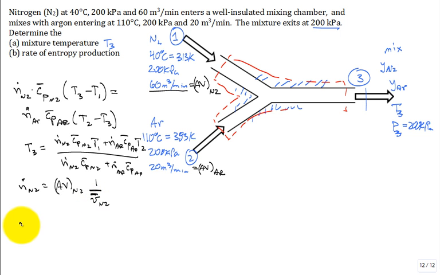How do I get V bar of the nitrogen? The ideal gas equation, true? So what is that equation equal to? R bar T of the nitrogen coming in, state 1, divided by the pressure of the nitrogen coming in, state 1. True?